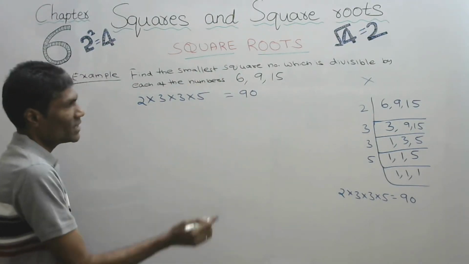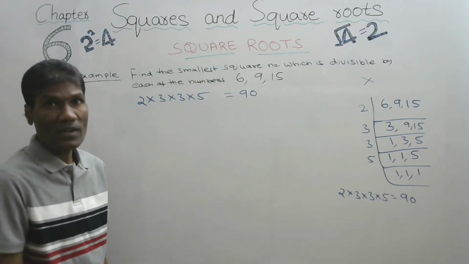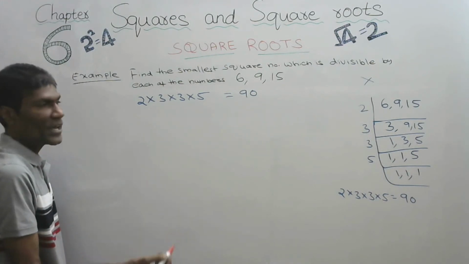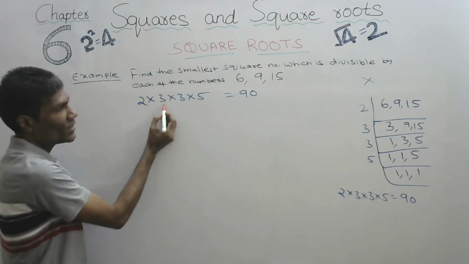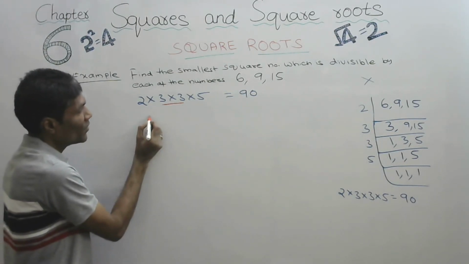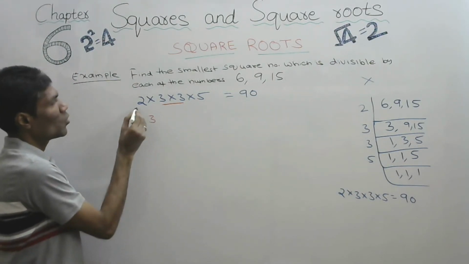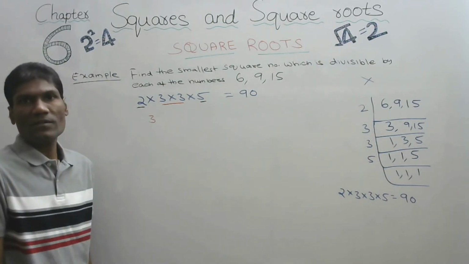Now he is asking for a perfect square. Is this a perfect square? Let us check it out. Now let us do the pairing. 2, is it having a pair? No. 3, is it having a pair? Yes, one pair of 3. What about this 2? No pair. This 5, no pair.